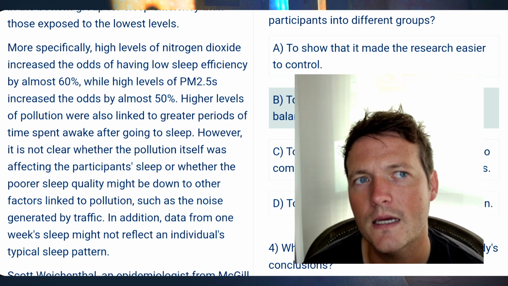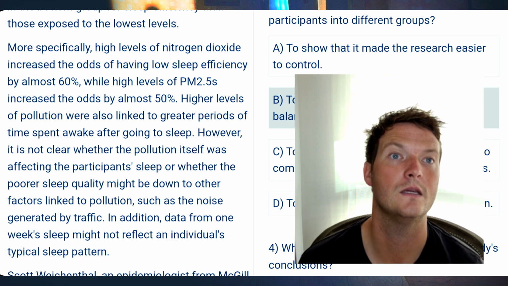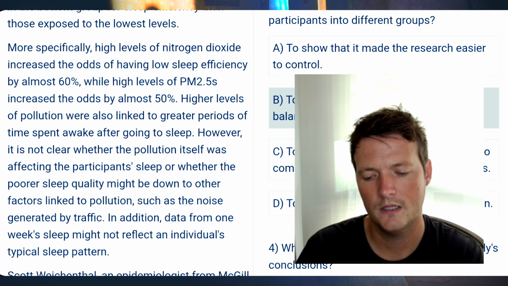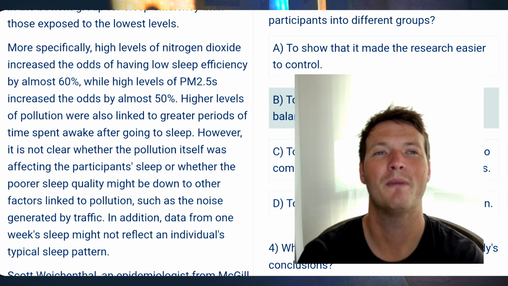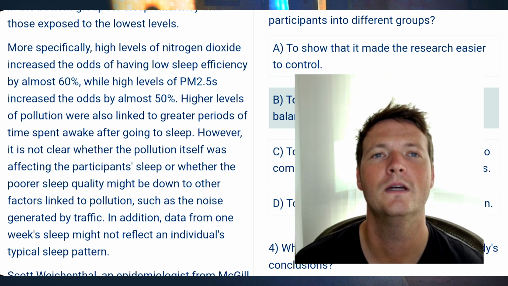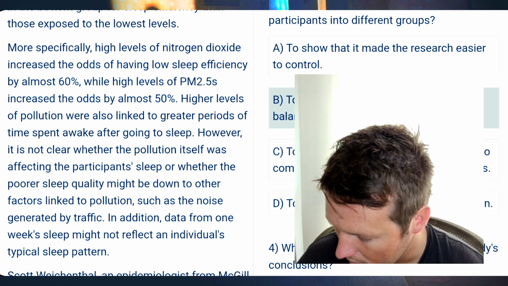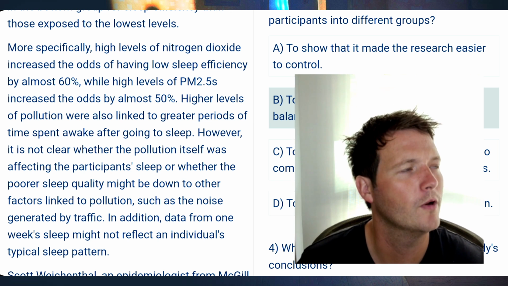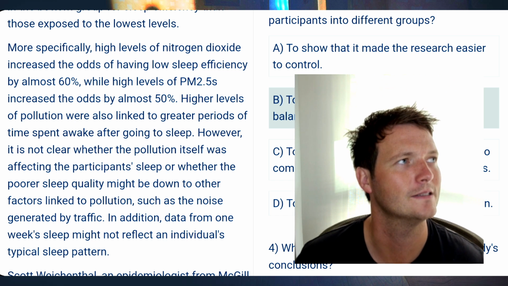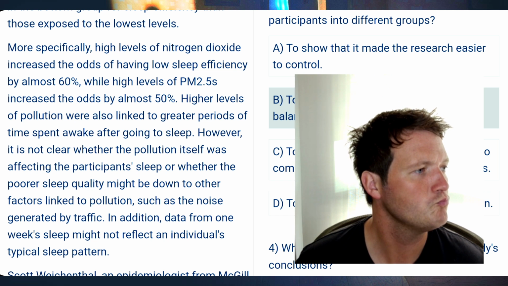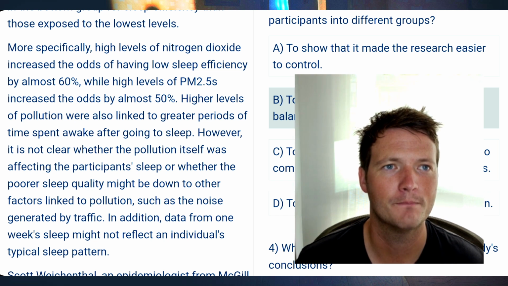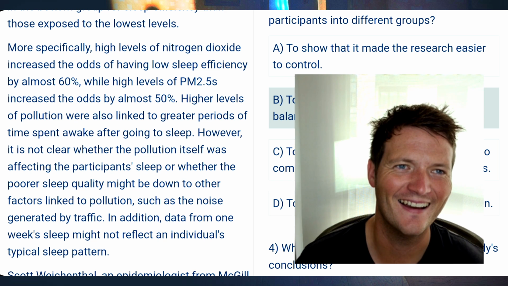So for me, the writer is implying here that the results are not conclusive. The conclusions that they have drawn perhaps don't take into account enough different, what do you call those things? Enough factors. I can't remember from when I studied stats. There's a word.